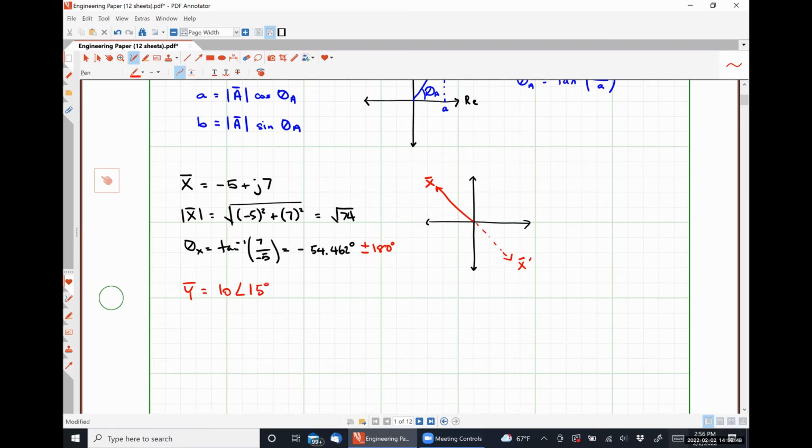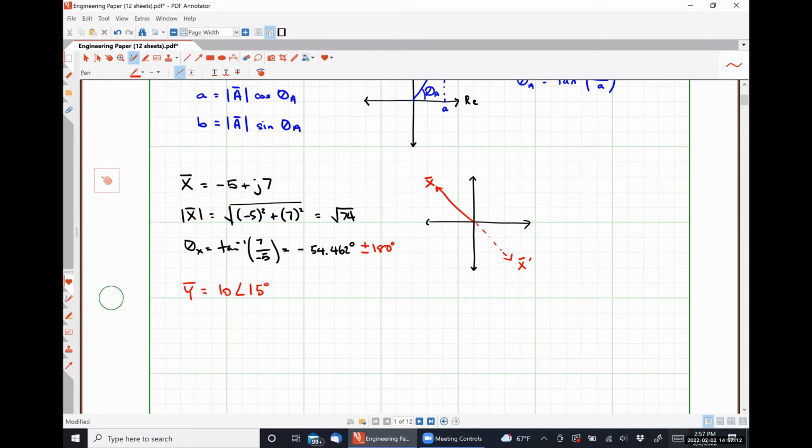15 degrees, okay? So to type that in for you Casio users, you would do 10 and then shift the negative key. That should give you the angle operator. And then you would literally just type in 15 if your calculator is set to work in degree mode.